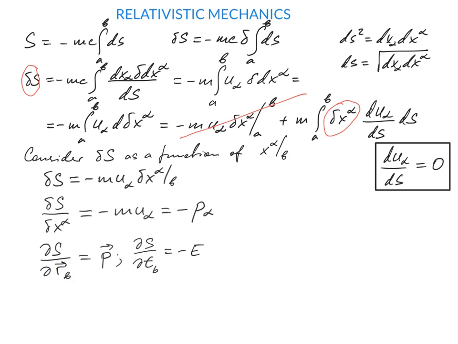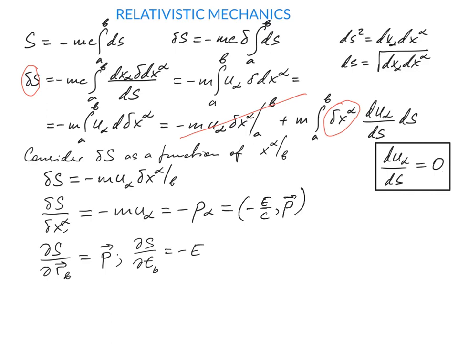So we can simply write down the components of this vector by inserting these equations into here. So for the time-like component, this will give us negative E over c. It's a derivative with respect to ct, so there's a c there. And the derivative with respect to r is just p.